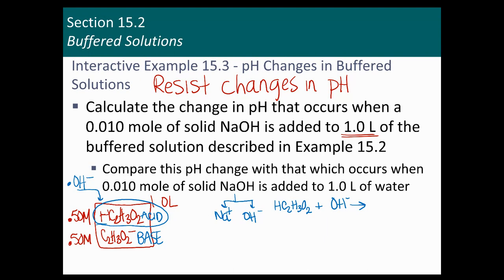I'm going to highly recommend that when you see sodium ion, you just say spectator, forget about it, and not deal with it. Okay, take a second to write what you're going to get when hydroxide reacts with acetic acid. It's going to be water and acetate.